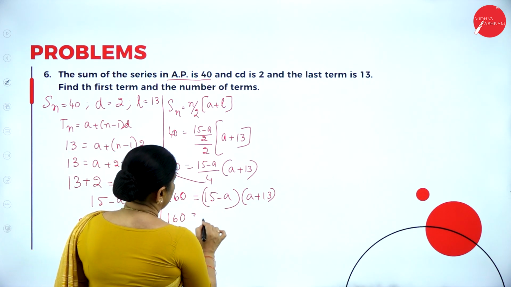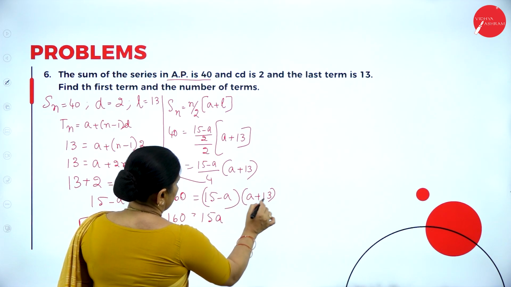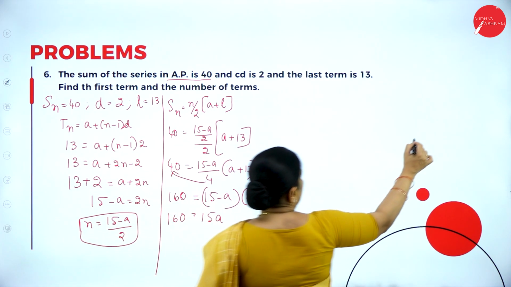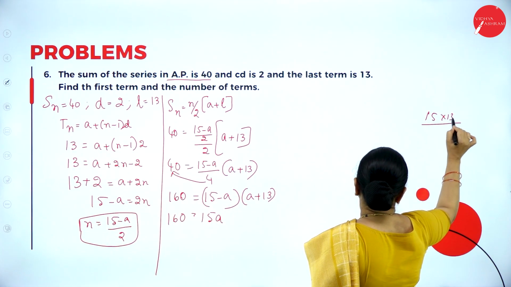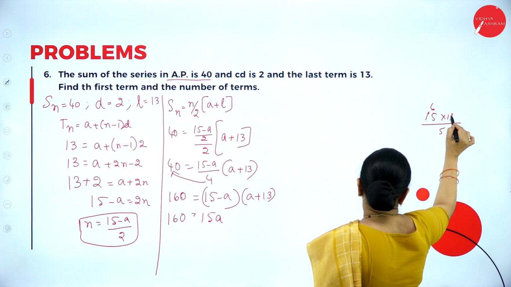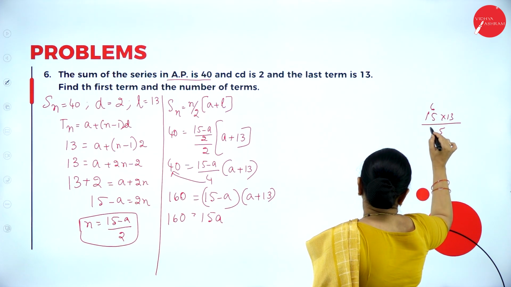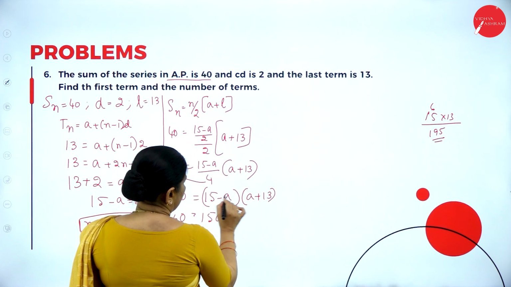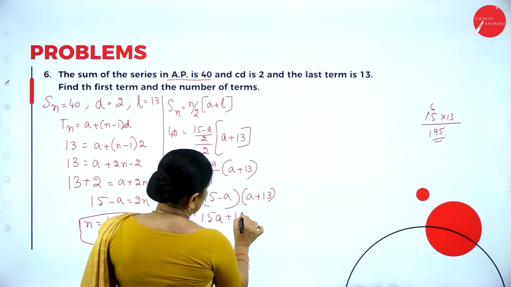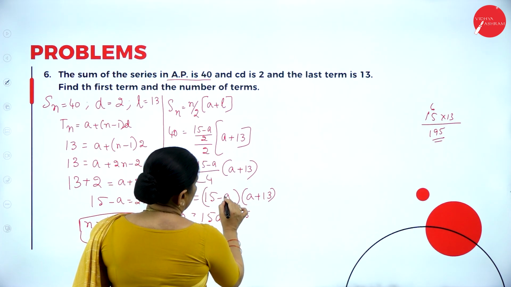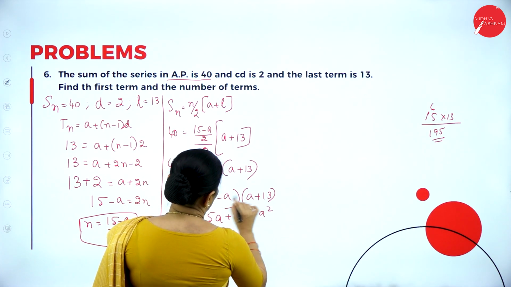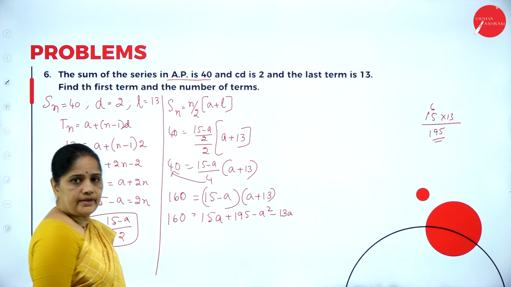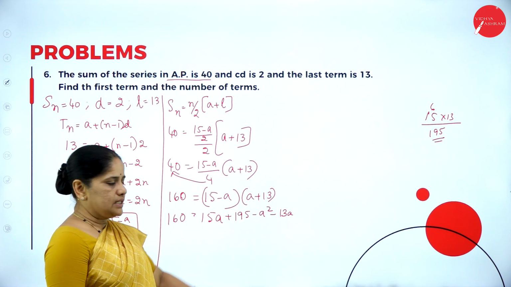Now, 160 equals 15 into A, 15A, and 15 into 13. When we calculate 15 into 13, 13 5s are 65, 13 1s are 13, 13 plus 65, 195. So, 15A plus 195, A into A minus A square and minus 13A. So, we have just multiplied both the terms.